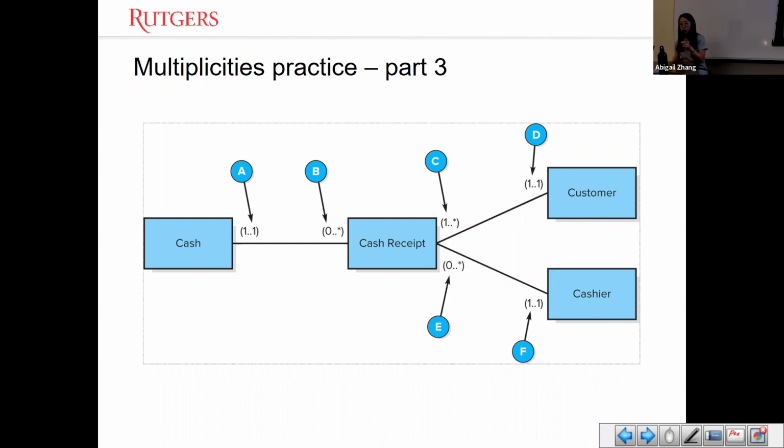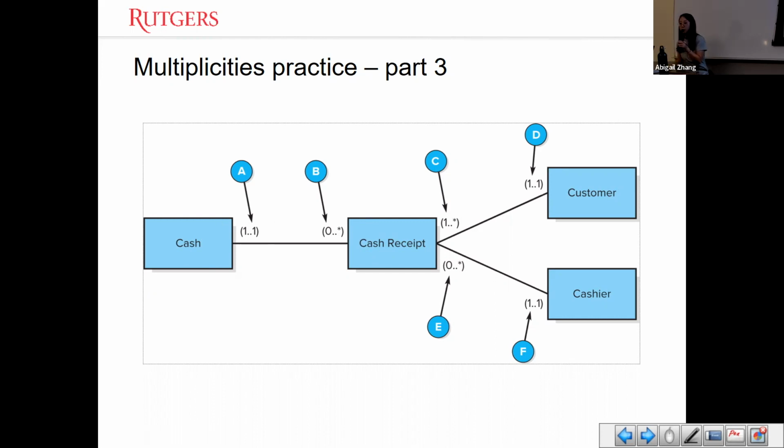So here, when we are talking about these relationships, we do not say how many cash accounts there can be or how many cash receipts there can be. We are purely just modeling the relationship between the classes, right? Because although here the multiplicity is 1 next to the cash account, there can be multiple cash accounts. It's just that in this relationship between cash and cash receipts, 1 cash receipt can only go to 1 cash account.